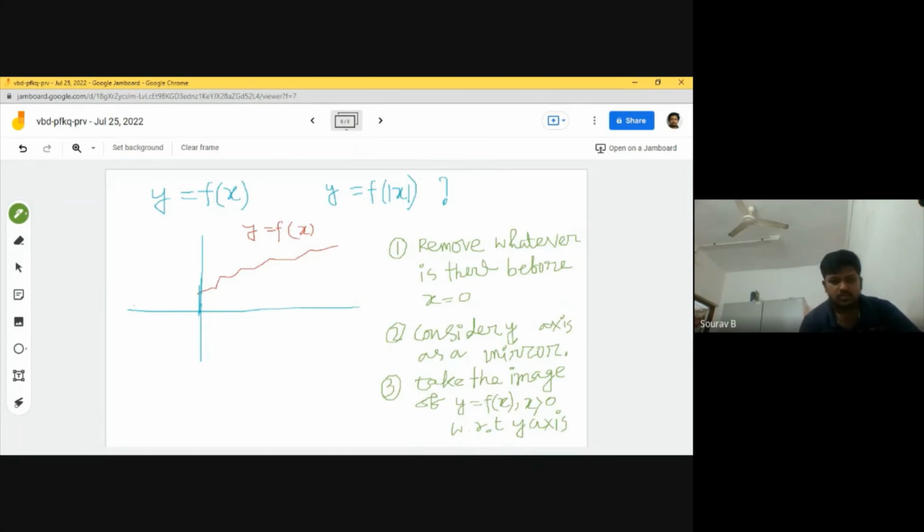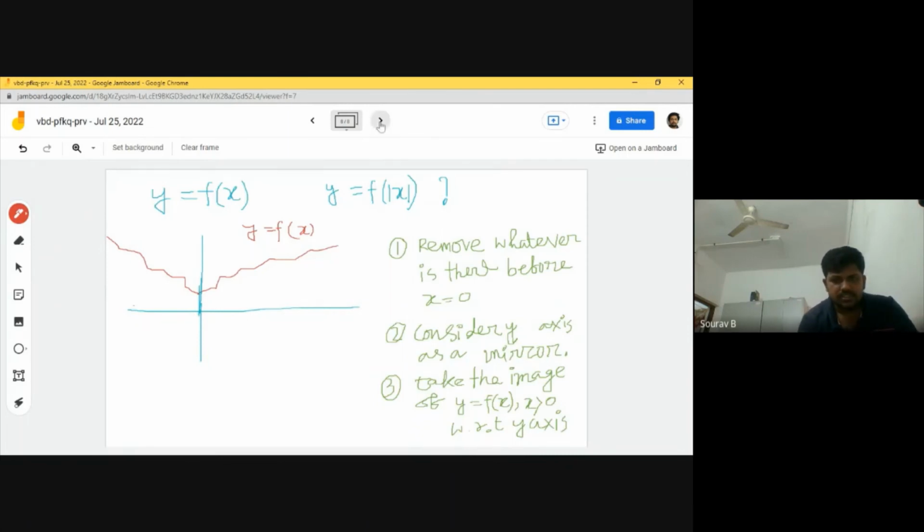So with respect to the y-axis, you will take the image of this. So this will be like this, then this, then this sort of, then like this, then something like this. So if it were a regular curve like sin x, then it would be like this. So this is what you have to do.